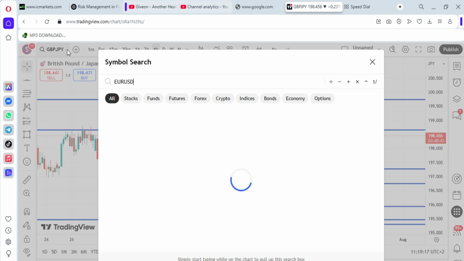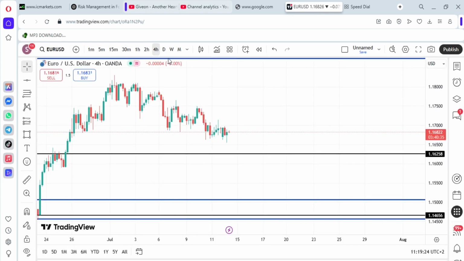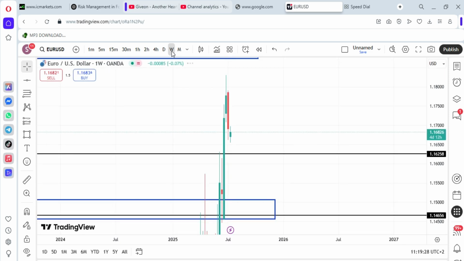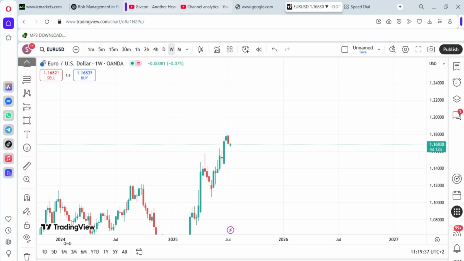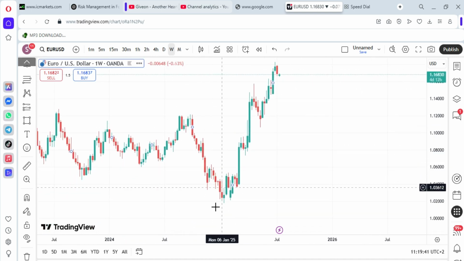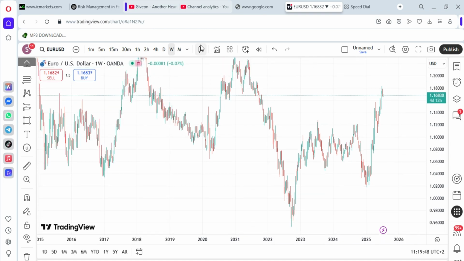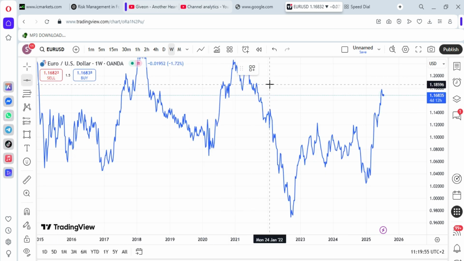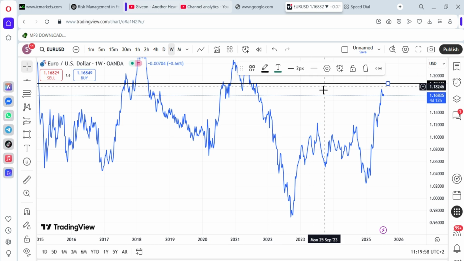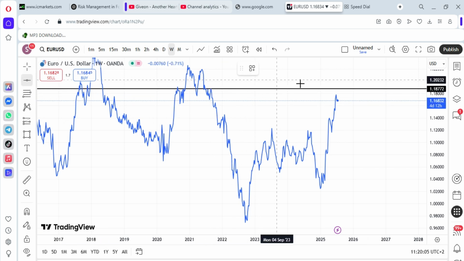Let's look at EUR/USD. You can see the price is bearish. This is the zone.